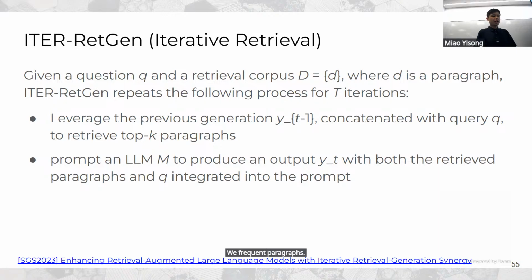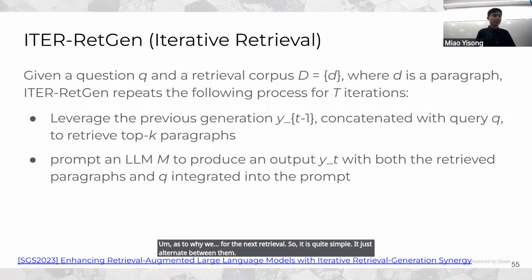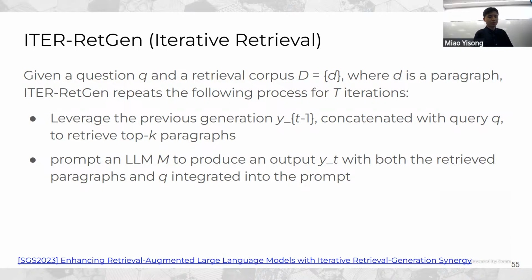And then with the retrieved top 10 paragraphs, we will prompt an LLM to produce a new output Y_t, with both the retrieved paragraphs and also the query Q as the query for the next retrieval. So it is quite simple. It just alternates between retrieval augmented generation and generation augmented retrieval.